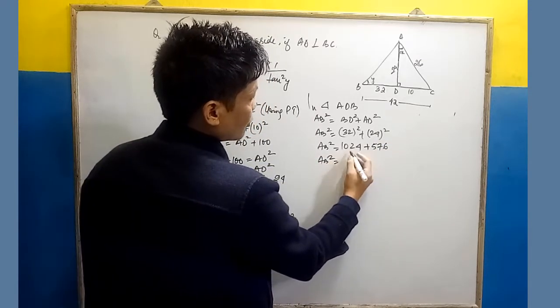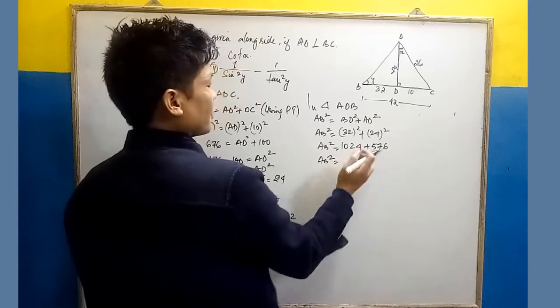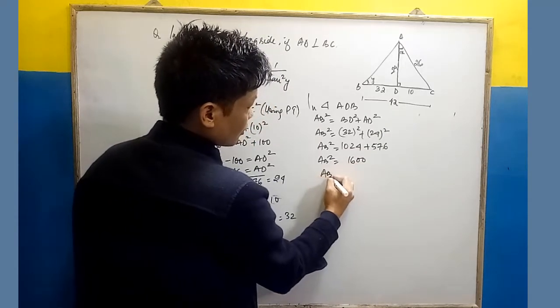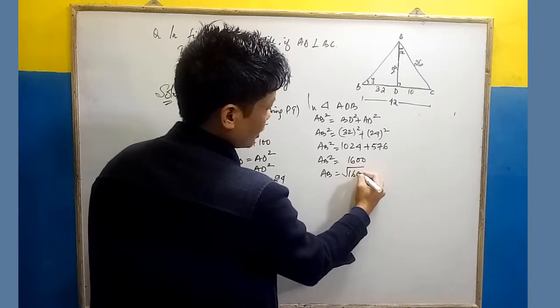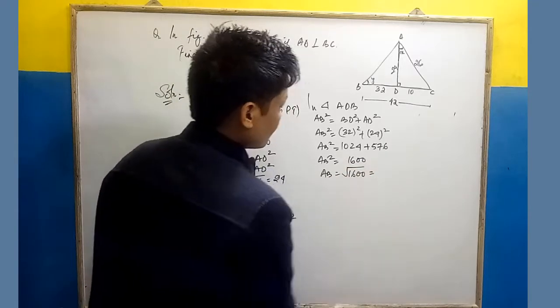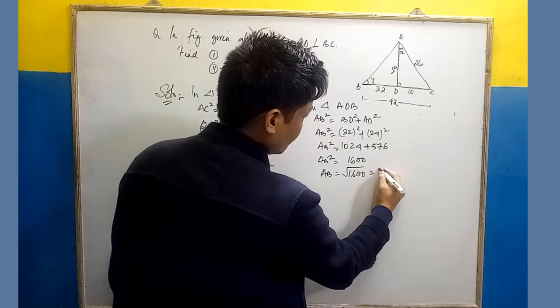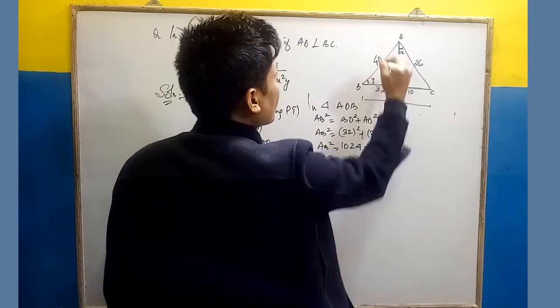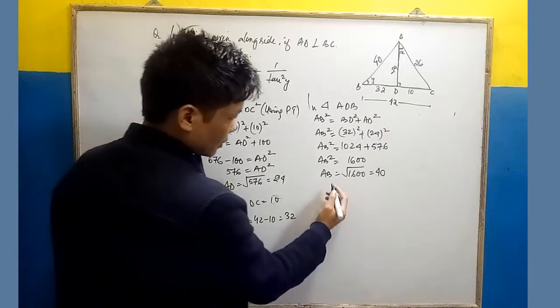If I add 1024 and 576, I'll get 1600. So AB will be under root of 1600. Under root of 1600 is 40. So the value of AB is 40.